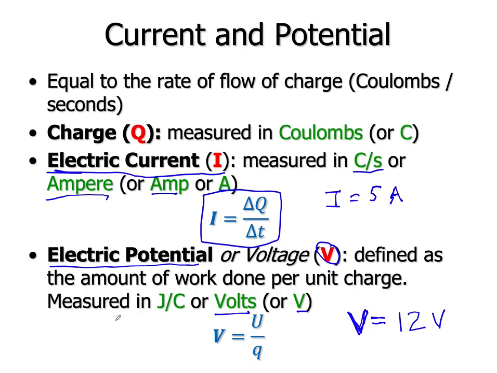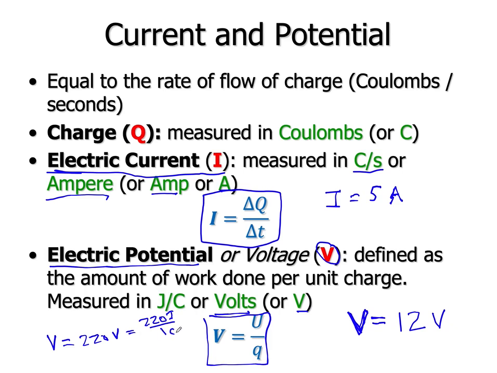The equation for it just looks like this. The electric potential V is equal to the potential energy it has per unit charge. So for example, if we say that a charge has a potential of 220 volts, that means each coulomb of charge has 220 joules of energy.